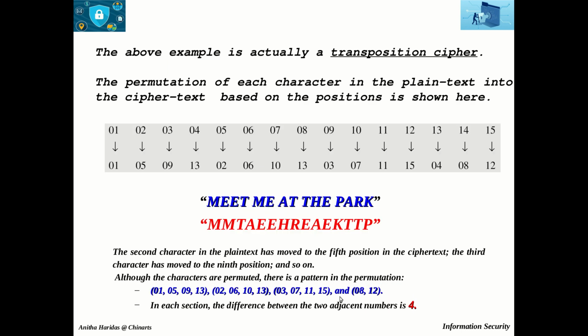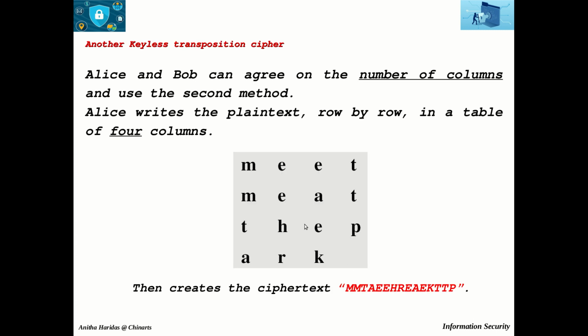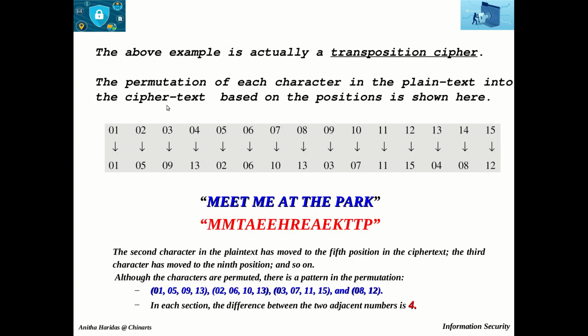Now you can see the above example is actually a transposition cipher, and here the permutation of each character in the plain text into ciphertext is based on the positions. Like the first position is coming as the first position itself, whereas the second position is coming as the 5th position, and the third one is coming at the 9th position, the fourth one at the 13th position, and so on.